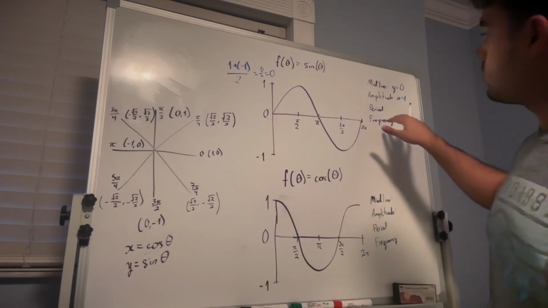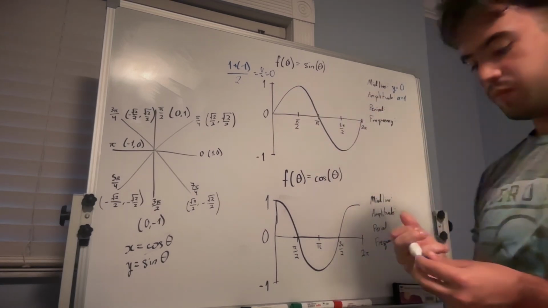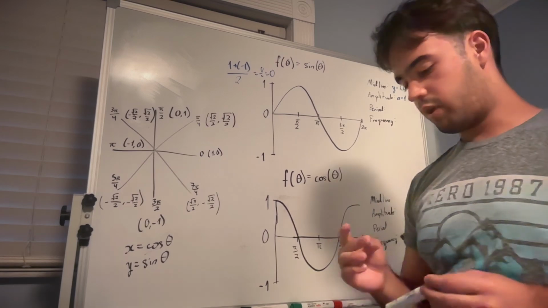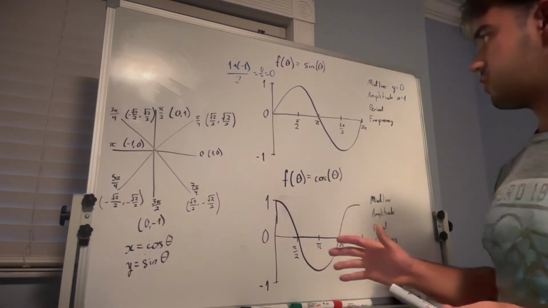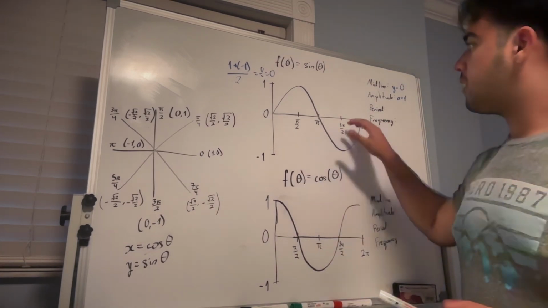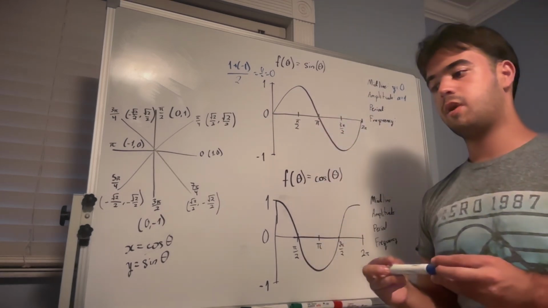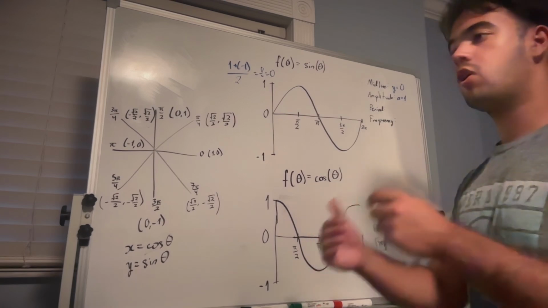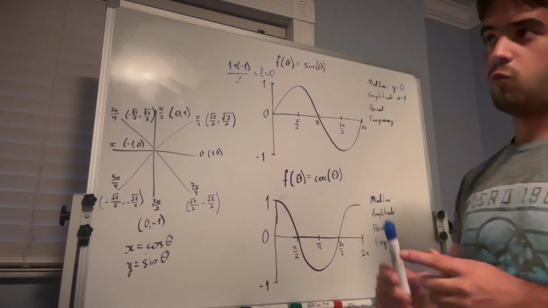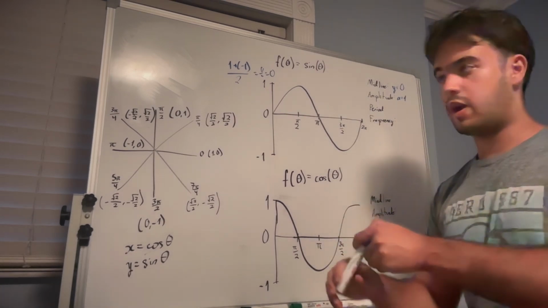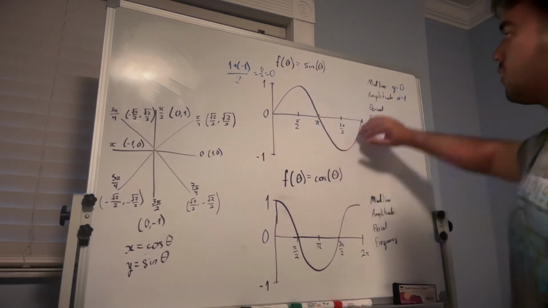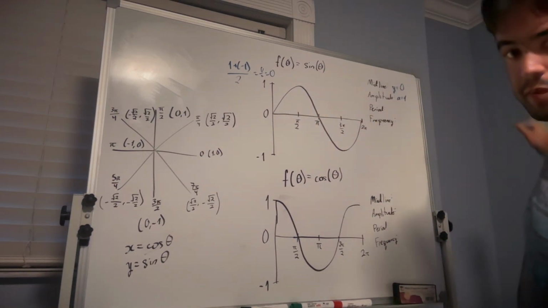So now we're going to see our period and our frequency. Now the period is a very important concept in trigonometry, and the period of this sine function can be determined by seeing how long it takes to complete one pattern. As I noted before, the sine function will continue onward with the same pattern.